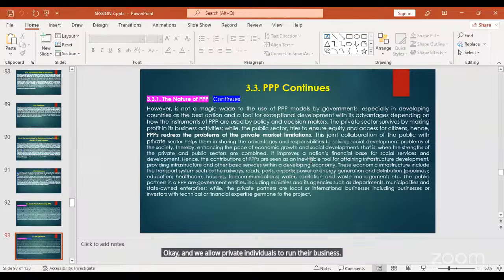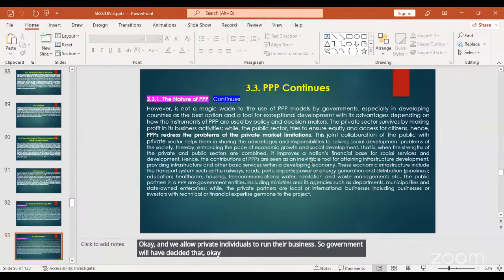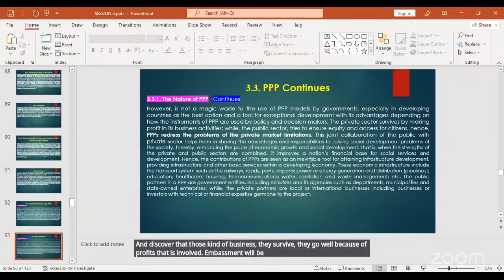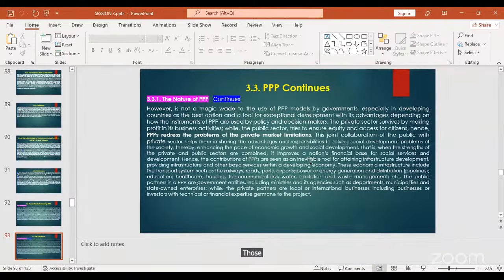So government will have decided, okay, this is the sharing formula. And you discover that those kinds of businesses survive and go well because of the private involvement. Embezzlement will be very rare because private people don't allow their money to be embezzled. They have come into business to make profit, to stay long in business.